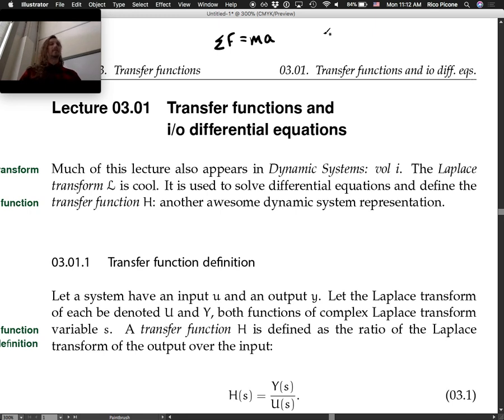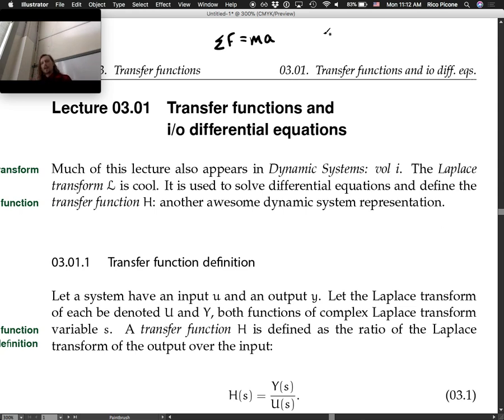We talked a little bit last semester about how if you convert a state space model to a transfer function or an input-output differential equation, and you go back, it's not necessarily going to be the same. You've lost something. It's a different representation. So they're not all equivalent and identical, but they all are useful at different times, and you can convert among them. There are ways to do all of that.